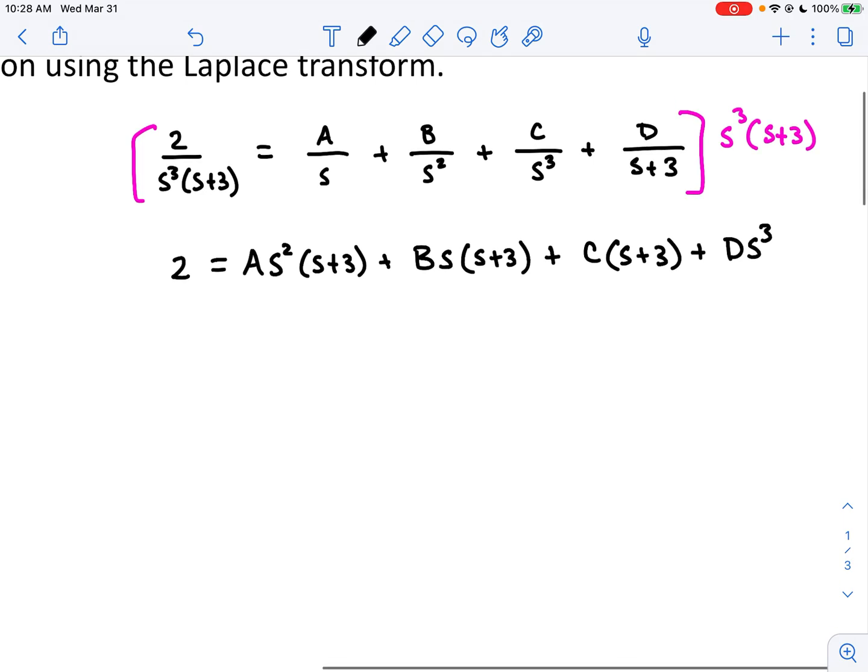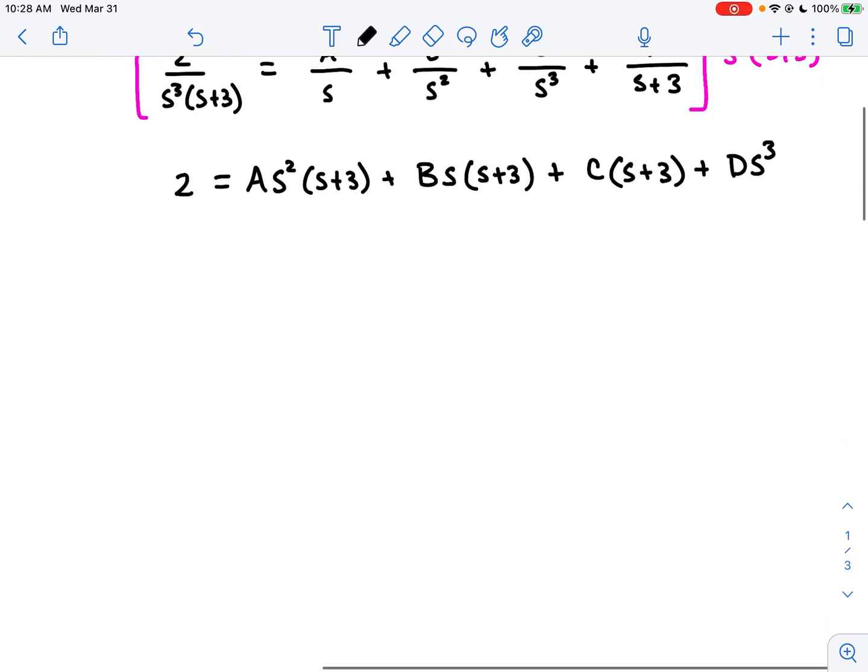Now from here, if you recall, there are a variety of tactics for determining what A, B, C, and D are. Method 1 is where we replace s with different choices so that a lot of the unknowns will cancel. So I'm going to use method 1 as much as I can here. For example, if I choose s equal to 0, this is going to be a convenient choice because 3 of the 4 unknowns are going to cancel.